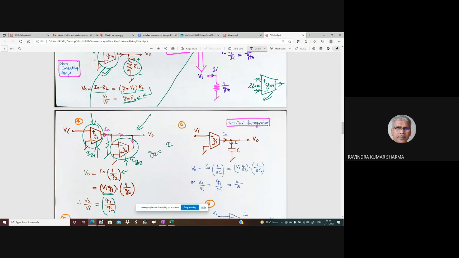G2 will be IB2 by twice VT. G1 will be IB1 by twice VT.